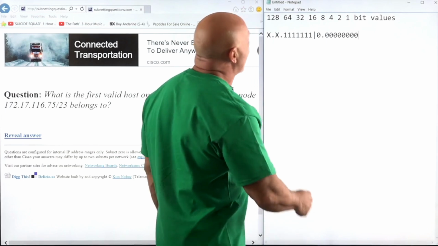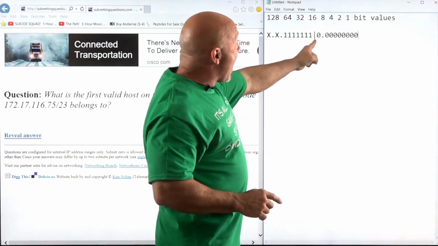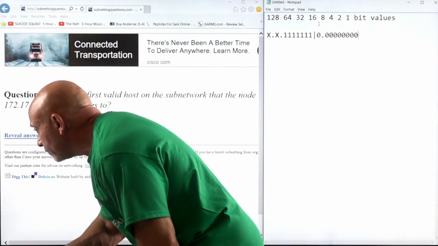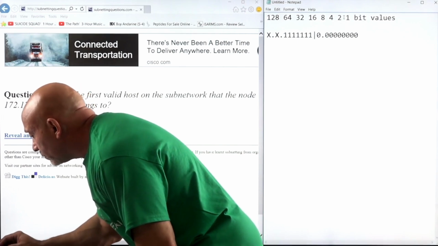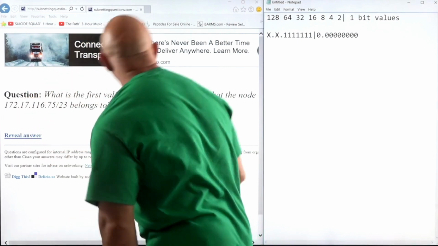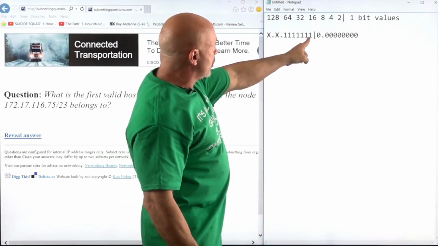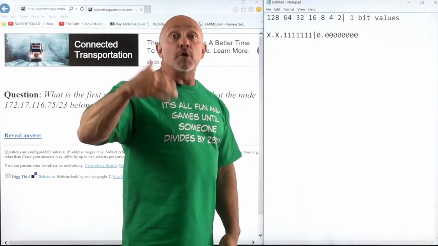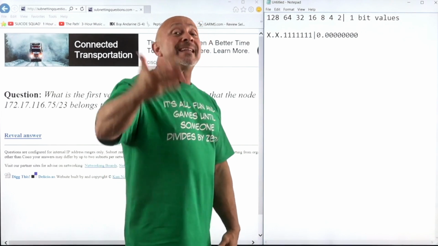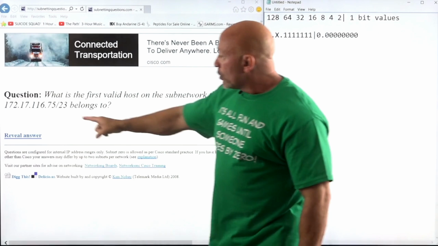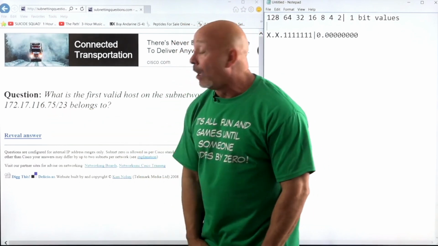So with the bit values, that would mean that this line really is here. That bit value to the left, which is this one right here, is your network increment. So you need to increment by 2 until you get to 116.